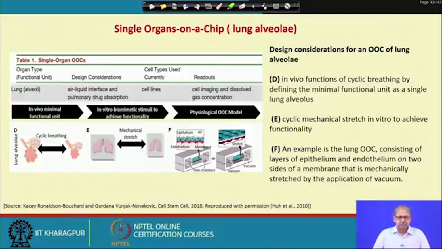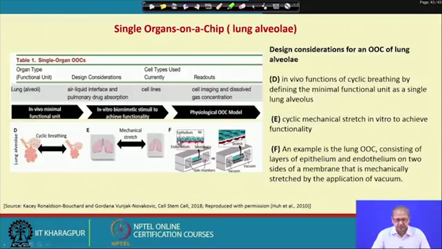That function is due to the cyclic stretching of the lung, meaning when you are breathing in and exhaling, that cyclic stretching occurs. So, mimicking that cyclic stretching in the microfluidic platform gives the unit of your alveolar structures or lung alveoli. So, how is this structure formed?